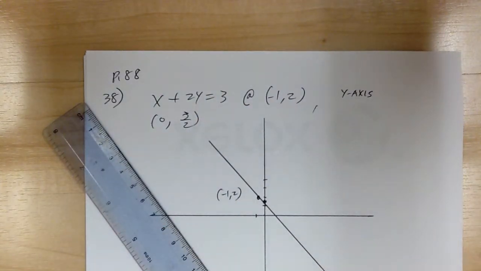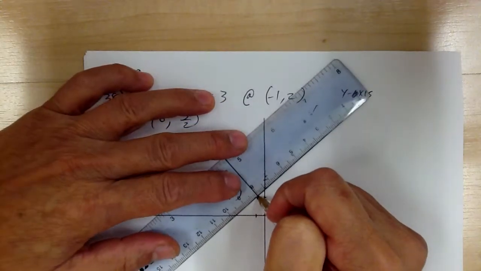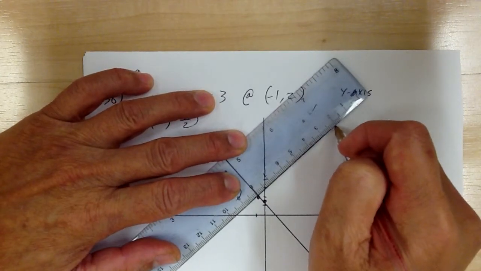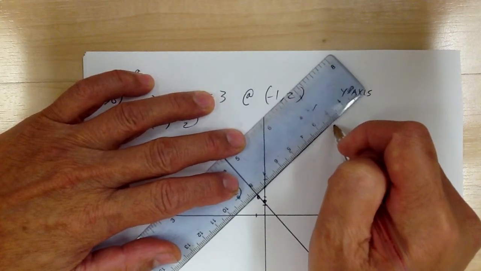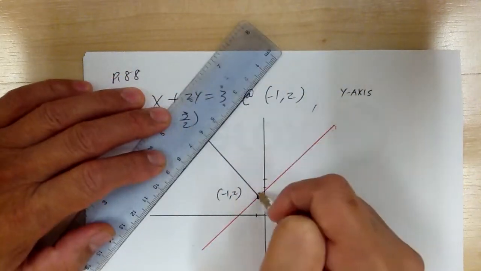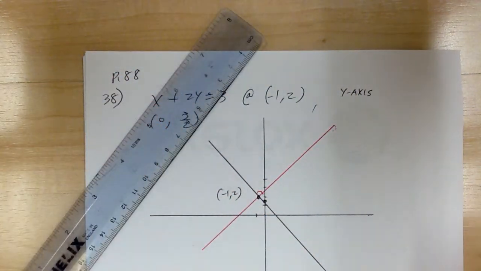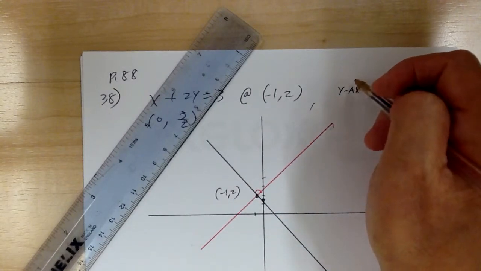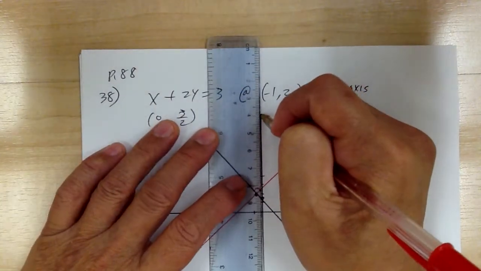As soon as you get your tangent line, right away you have to draw your perpendicular line, because the center will be on the perpendicular line. So the center is going to be over there, and the center is also on the y-axis.